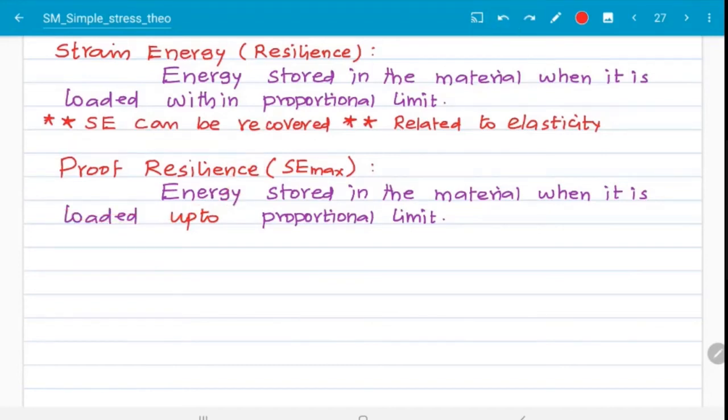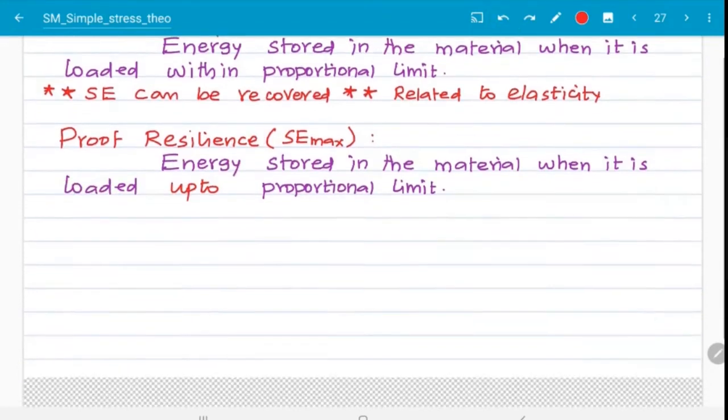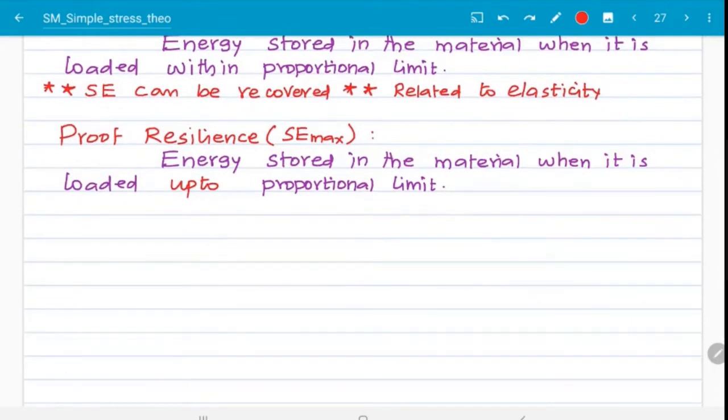Right? Then for comparison purpose, we are using the term modulus of resilience. Right? So what do you mean by modulus of resilience? Proof resilience.